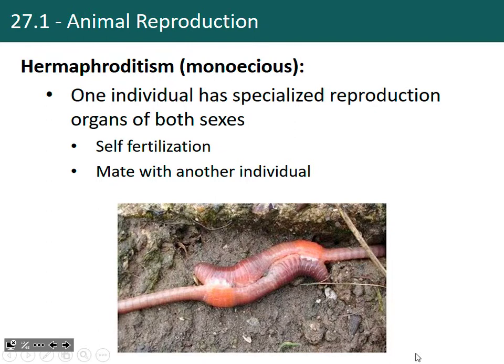In this picture, we have two earthworms, both of whom are hermaphrodites and who are mating. Both of those individuals are serving as male and female sperm and egg producers in this interaction. So this individual is releasing eggs and sperm, and this individual is releasing eggs and sperm, and they are cross-fertilizing each other, and they will make two batches of eggs from that interaction.